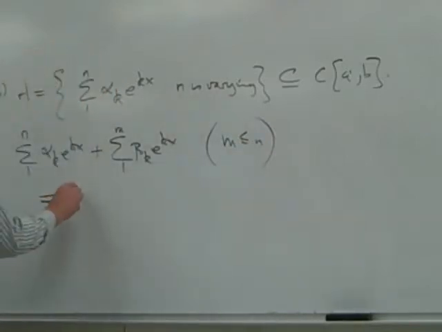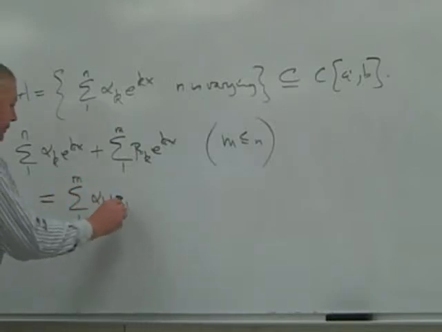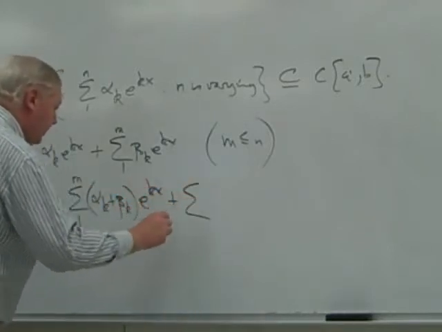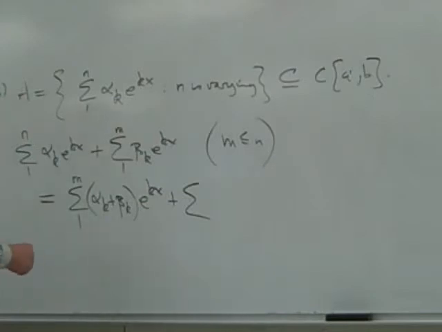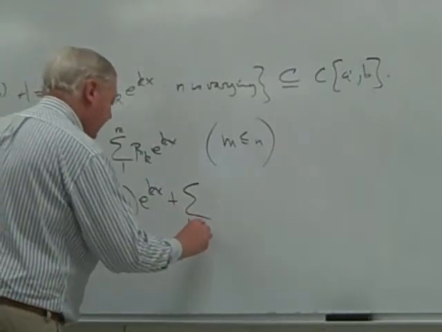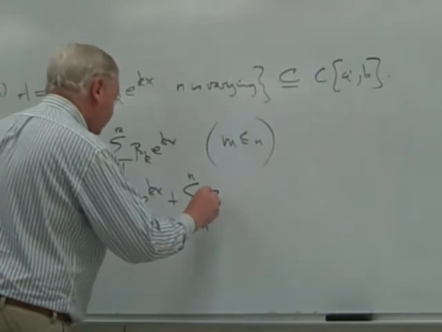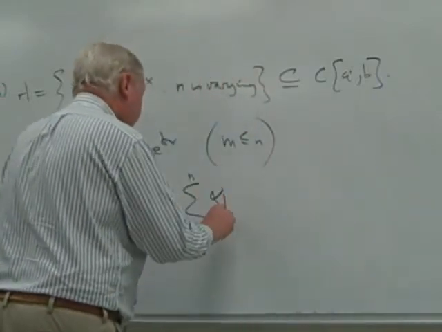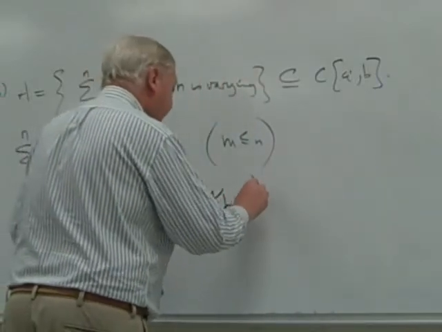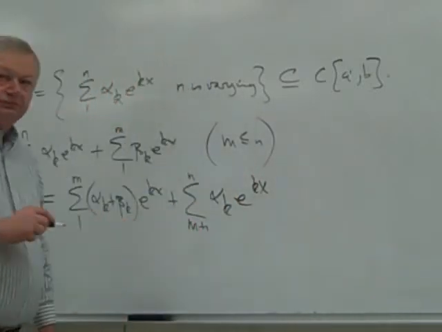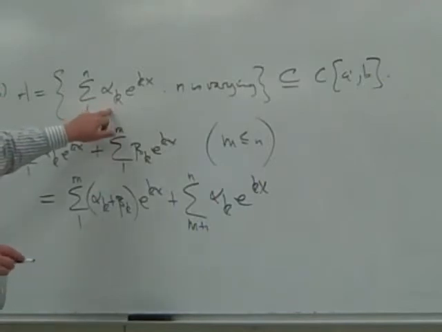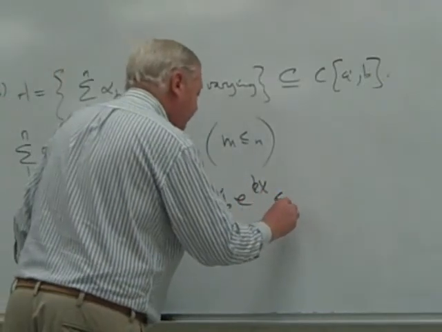So when I add them together, this is the sum from 1 to m, alpha k plus beta k, e to the kx, plus the sum from m plus 1 to n, alpha sub k e to the kx. So again, this has the same form, a linear combination of these exponentials. So that's in A.